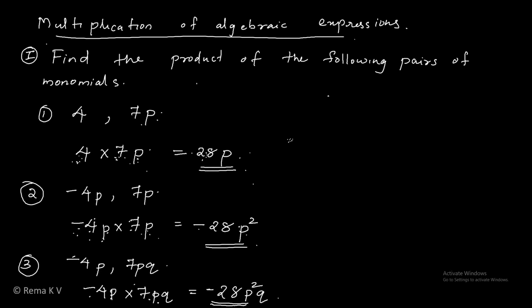Okay, now the next one. It is 4p cube and minus 3p.